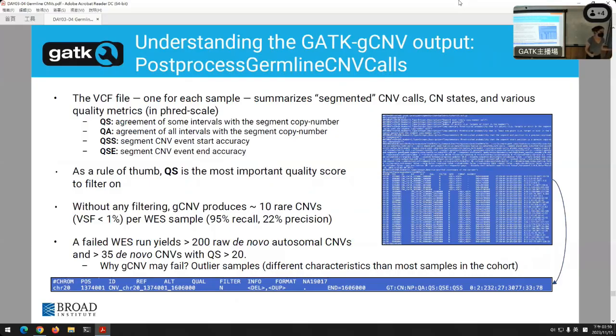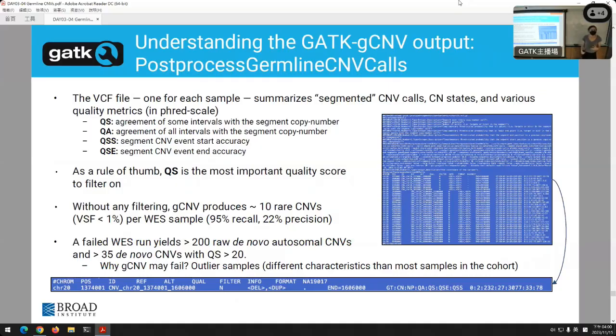What does that mean? That probably means that something went wrong. And the most likely explanation is that that sample was an outlier sample that was not similar enough to the samples that you used to train the GCNV model.